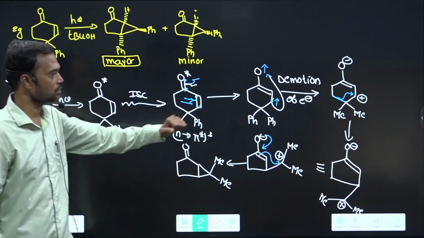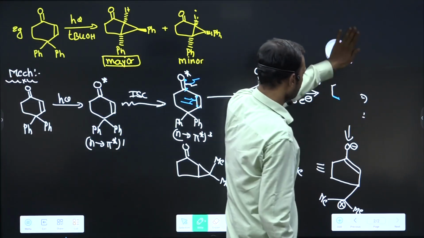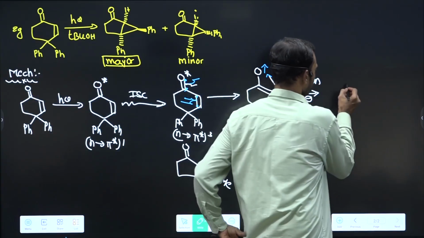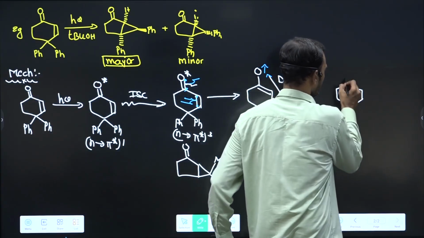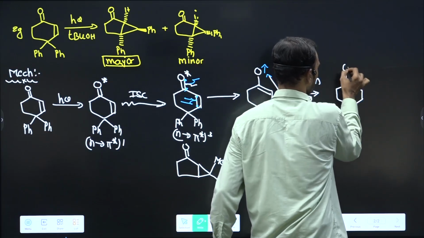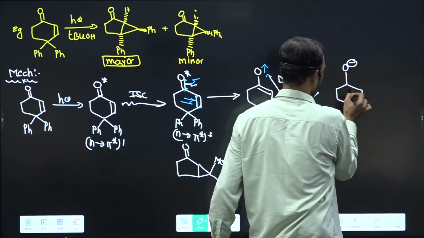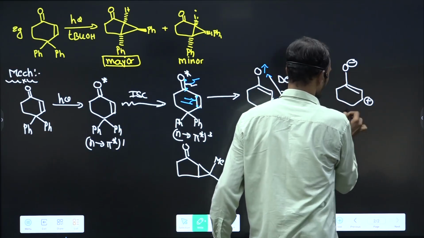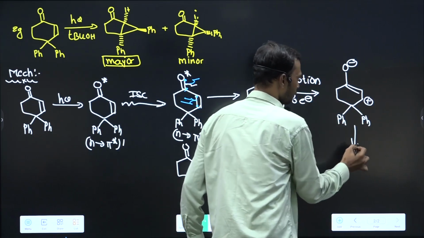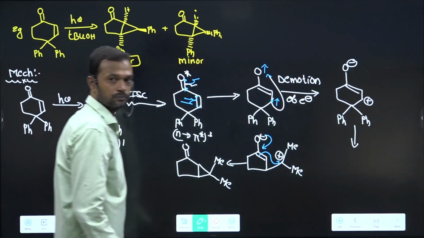Up to here it remains the same. Here negative, double bond, and here positive. Here Ph and Ph. Up to here it remains the same.